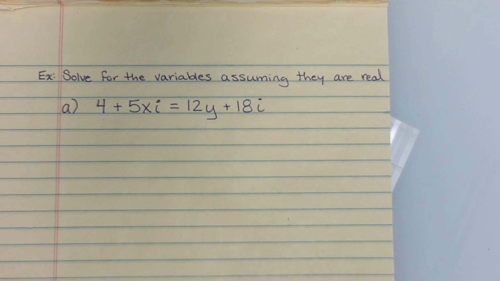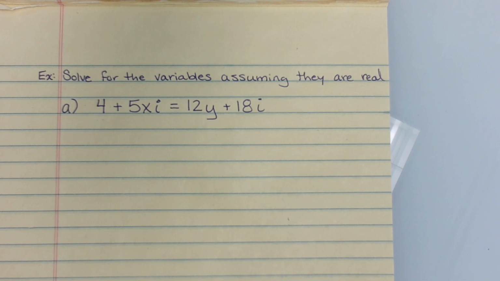Can we typically solve a single equation with 2 variables? No. The number of variables you have needs to match the number of equations you have if you're working with real numbers. These are not real numbers, these are complex numbers.